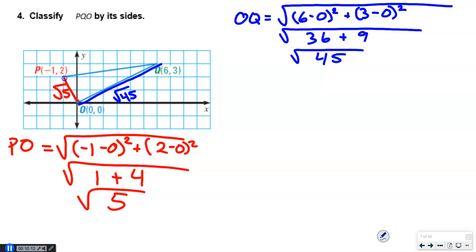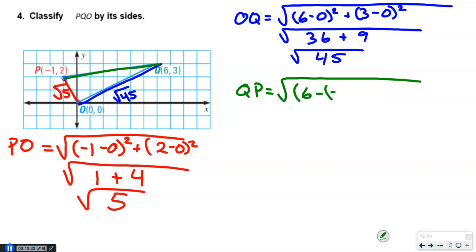And then we need to do our other one, QP. That'll be our green line. I will use 6, 3, Q as our x1, y1 again. I think it's just easier using the larger numbers since you're subtracting. So 6 minus -1 becomes 6 plus 1.